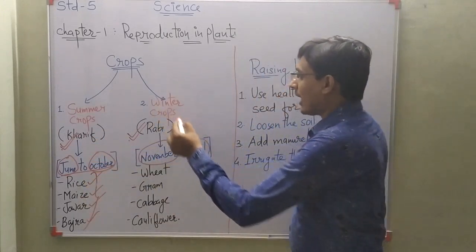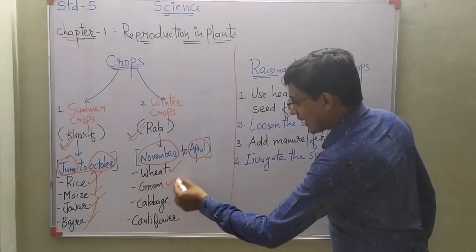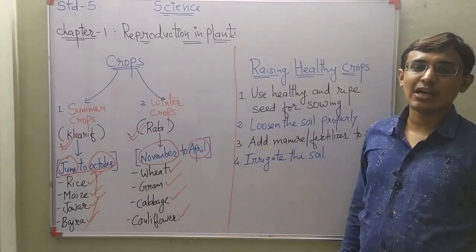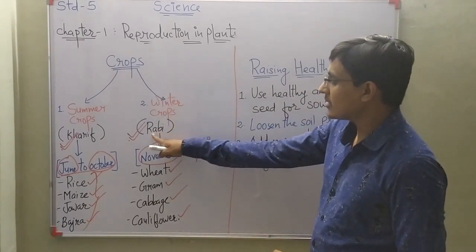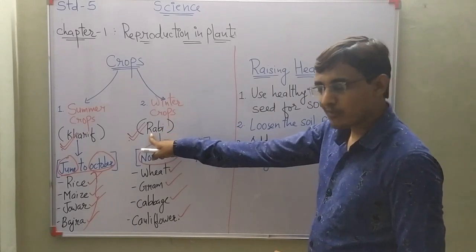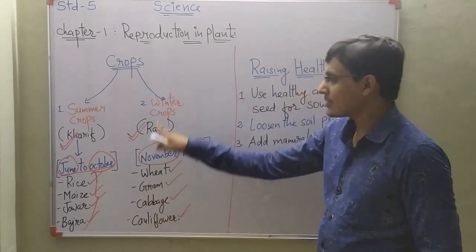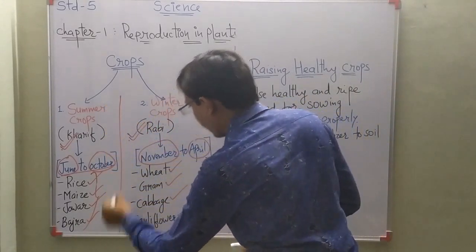If the question asks for examples of the winter crop, then wheat, gram, cabbage, cauliflower, etc. are examples of the winter crops. If asked for examples of the rabi crop, then wheat, gram, cabbage, cauliflower. Same answer. So these are the basic 2 types of crops.